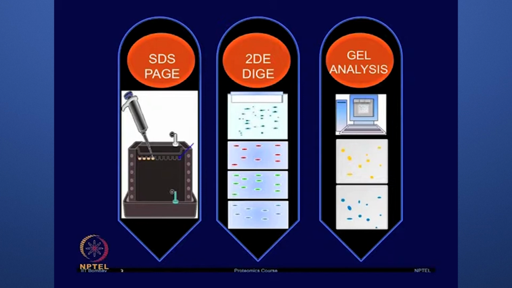This slide reminds you that we have talked about different approaches used in gel-based proteomics, including SDS-PAGE analysis, two-dimensional electrophoresis, and various advanced protein electrophoresis, including difference in gel electrophoresis. Then data analysis becomes common for all of these gel-based approaches, and that becomes a very challenging aspect.